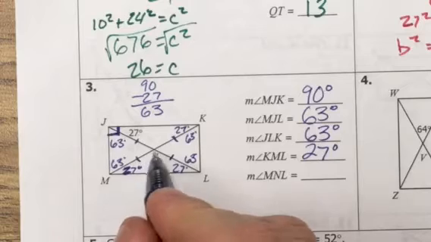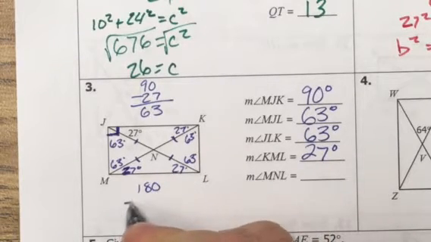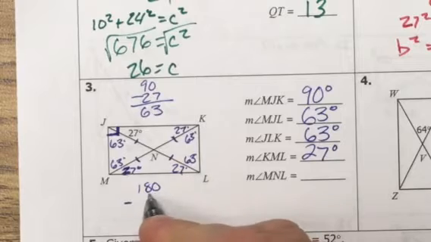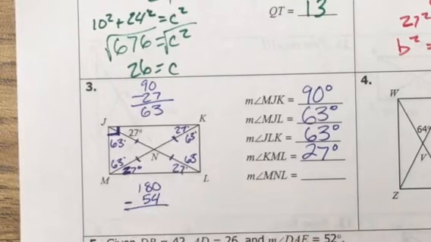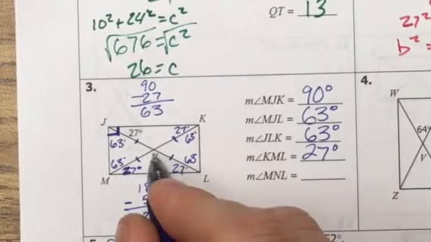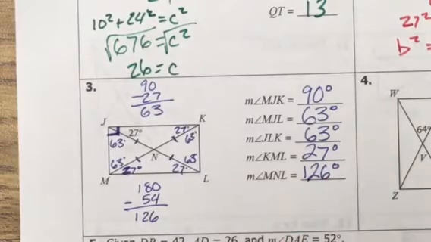MNL. Well, there's 180 degrees in a triangle. Minus 27 and 27 is 54. My 2 base angles add up to 54. So we'll do the math here and say 126 has to be my vertex angle of that isosceles triangle. This time, please take a second, pause the video, and give number 4 a try.